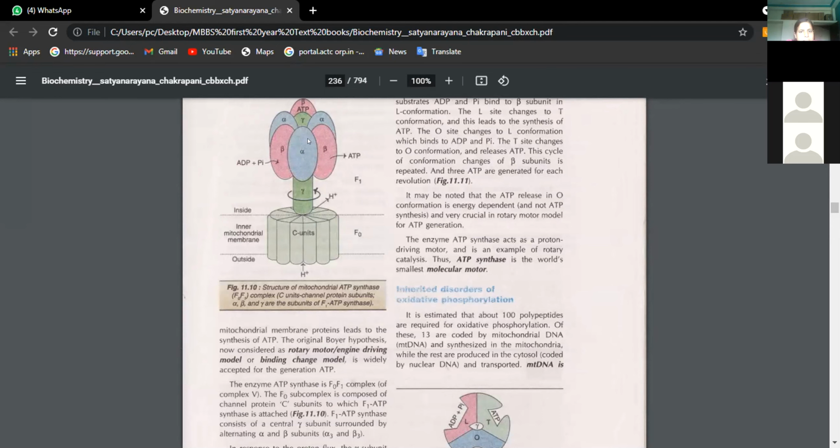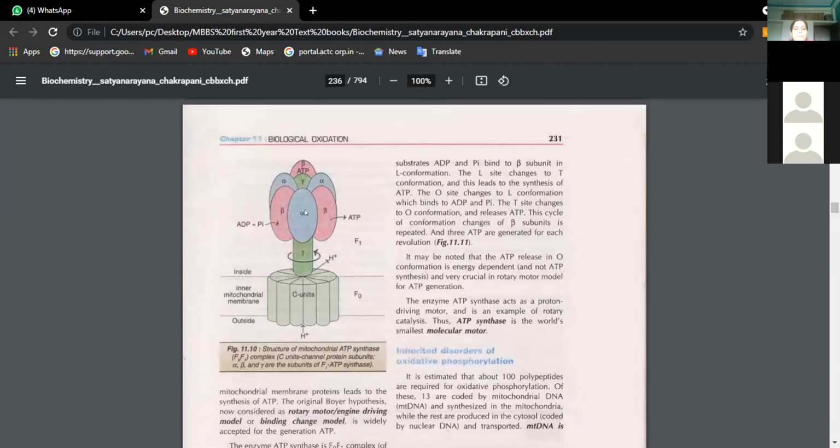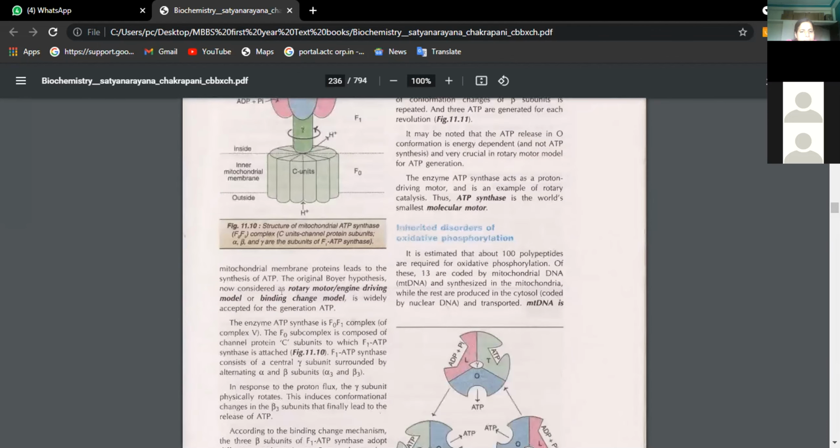So this is the figure. In the mitochondrial membrane, you will see the inner mitochondrial membrane. This is outside, this is inside. Some conformational changes will occur because of the entry of hydrogen ions. Because of the entry of these hydrogen ions, you will see the same thing, coupling of ADP with high energy phosphate to form ATP. Let us see what he has told.